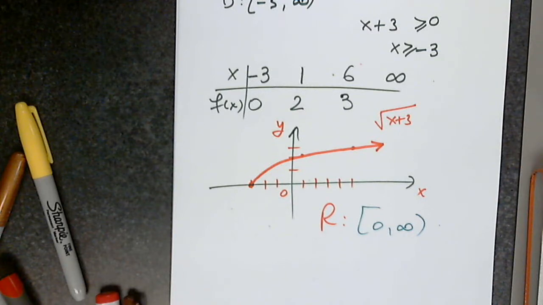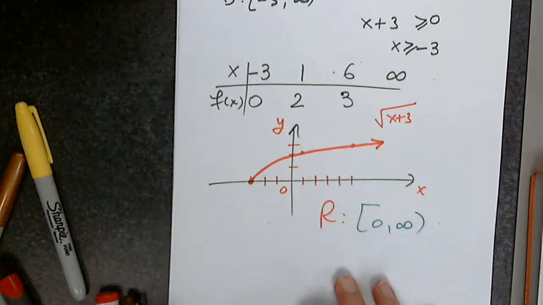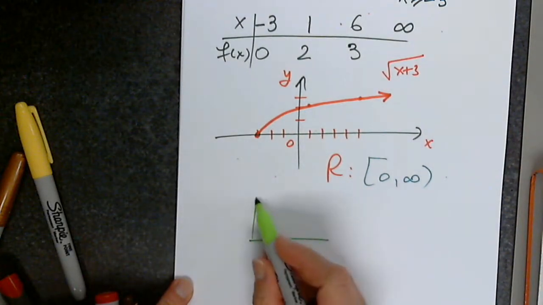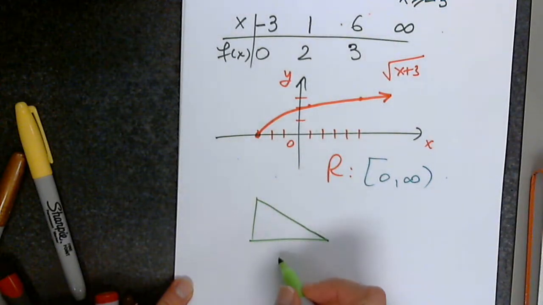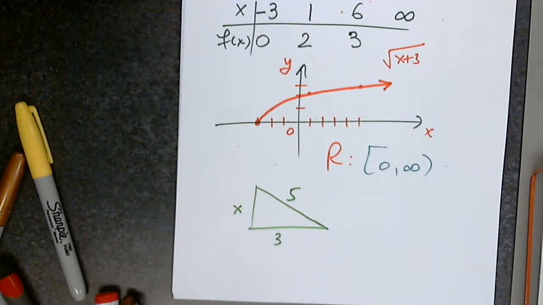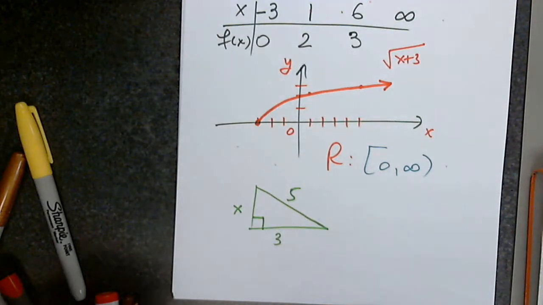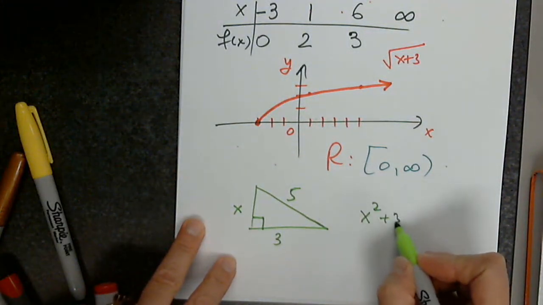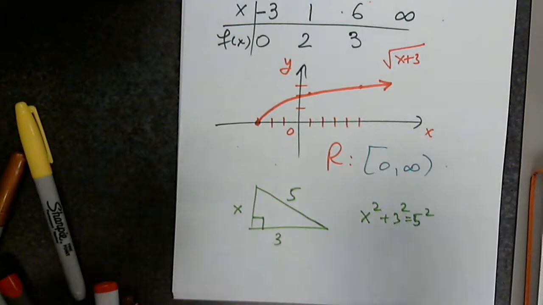Okay, so what if I have this? Let's say I have 3, x, and 5. I'm asked to find x. What do I have to write? Excellent.